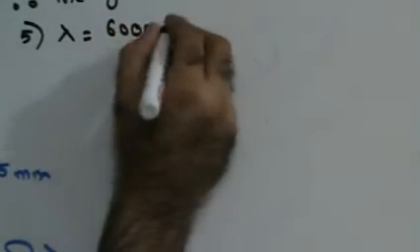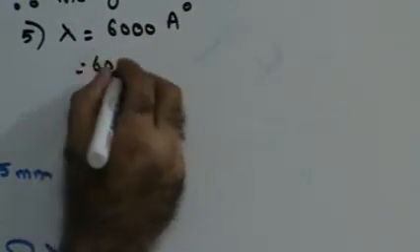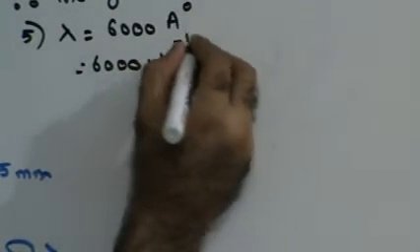In Young's experiment, the wavelength of light is 6000 Armstrong unit.